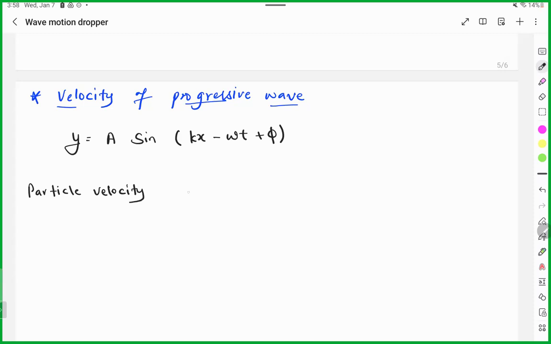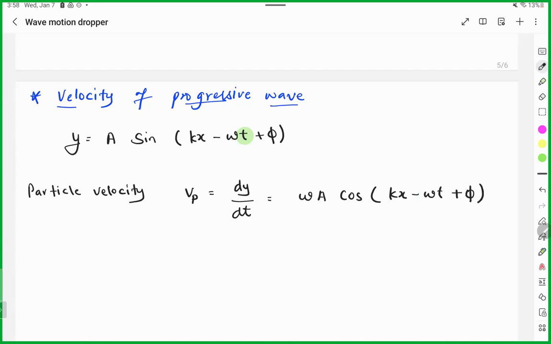then this particle velocity will be dy by dt, because we are differentiating with respect to time. Remember, we are differentiating with respect to time. It means k is constant, correct? If you are differentiating with respect to time, omega will come out. A sine differentiation is cos: omega a cos(kx minus omega t plus phi).